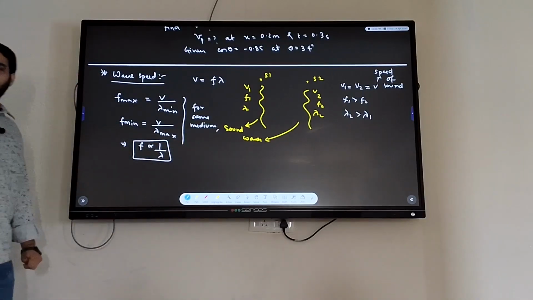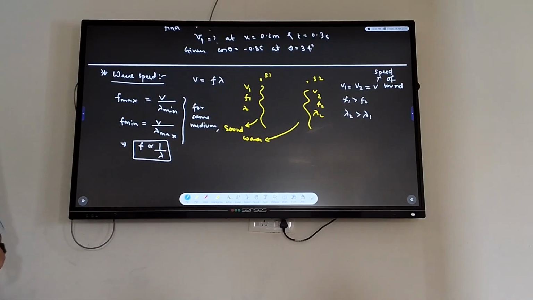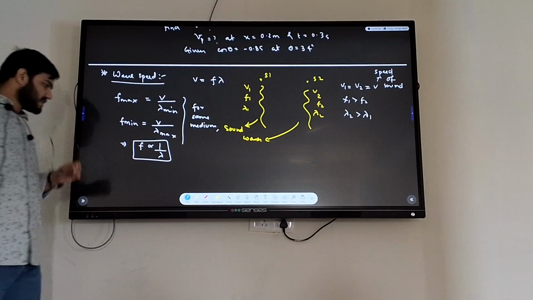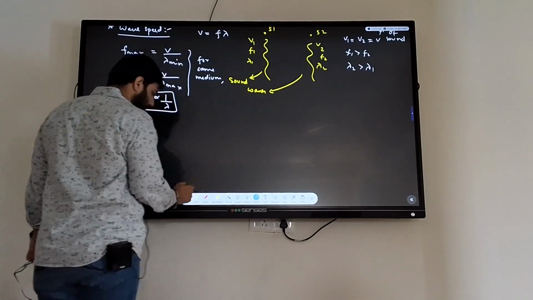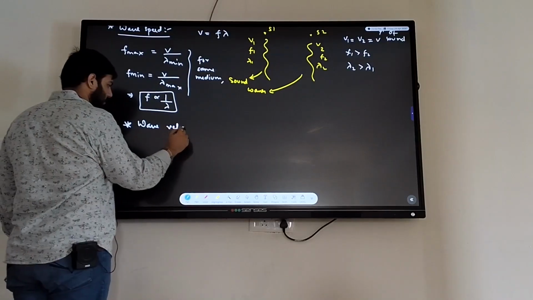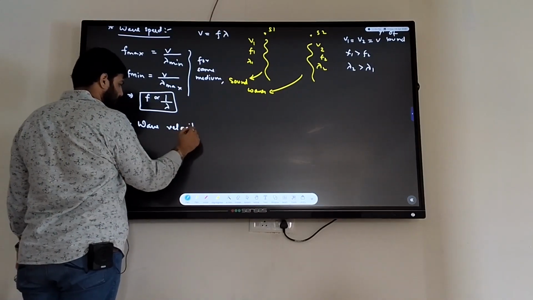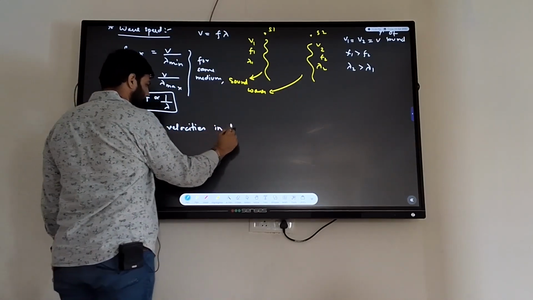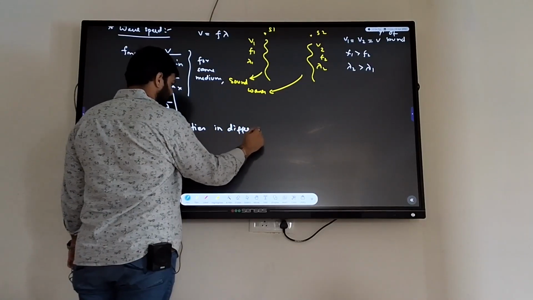For transverse waves I am only considering solids. So let's take the discussion. Wave velocities in different mediums.